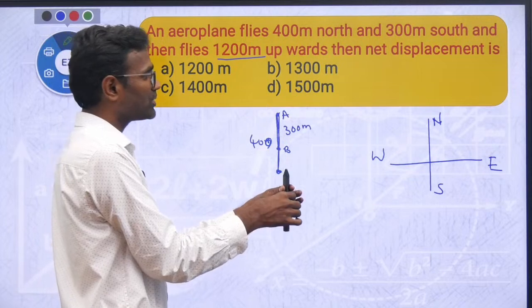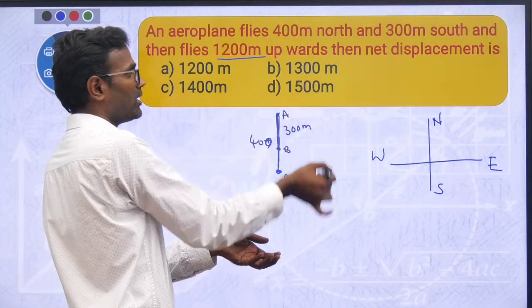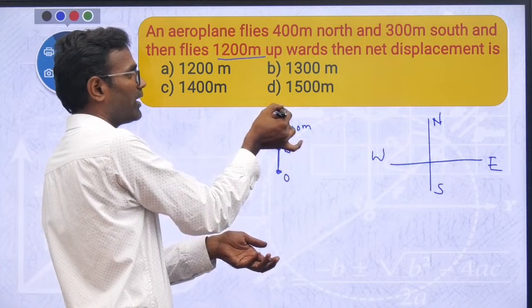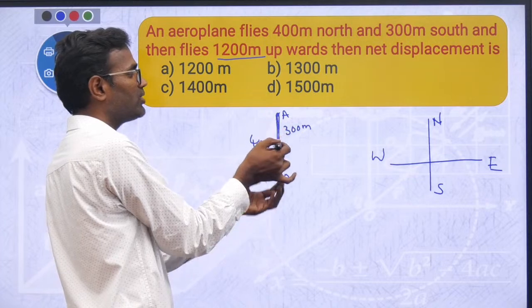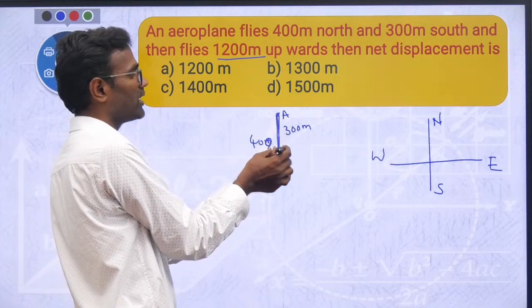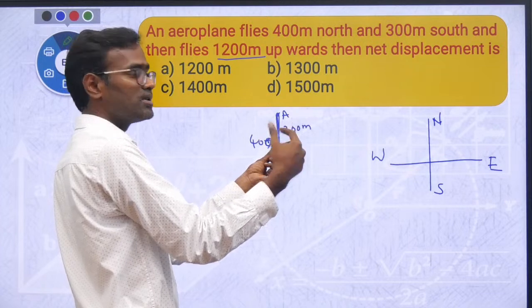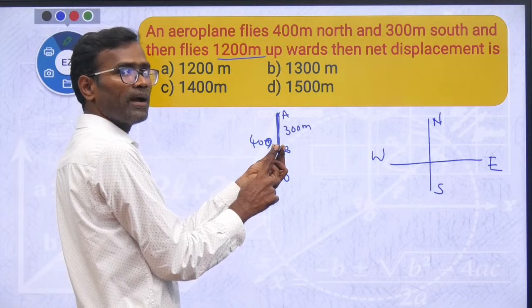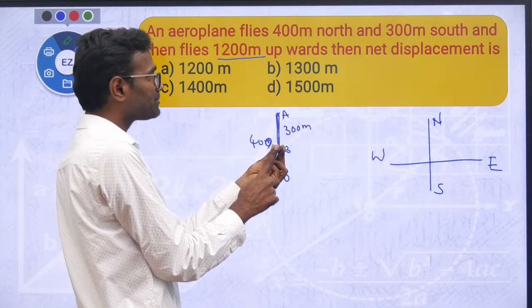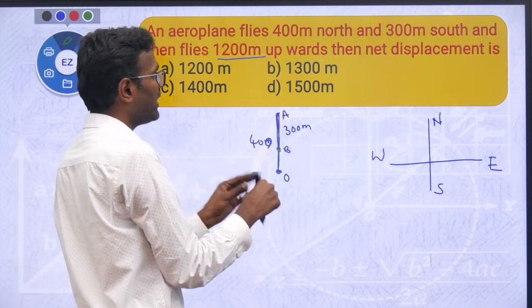He moved from here to here 400 meters, came back to point B 300 meters, then moves in the upward direction. For example, from the end of this pen to its nib will be 1200 meters. So this length is 1200.